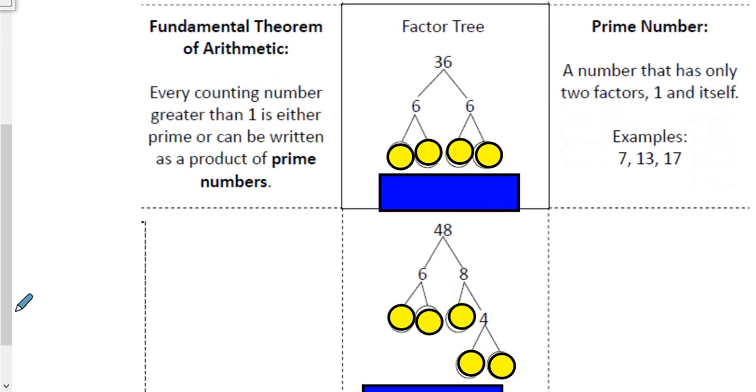Okay. Remember, don't forget, you had to add in the word prime. You had to add in prime on the line, and you had to add in examples and 1 and itself. Those are left blank in your notes. And then for 36, we had 6 and 6. 2 times 3 is 6. 2 times 3 is 6.